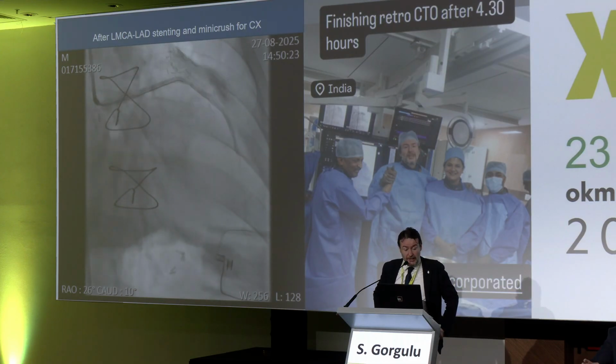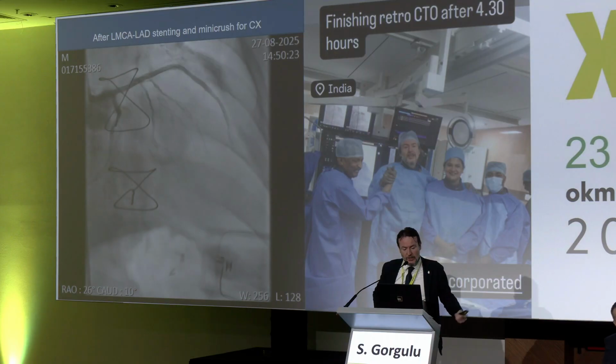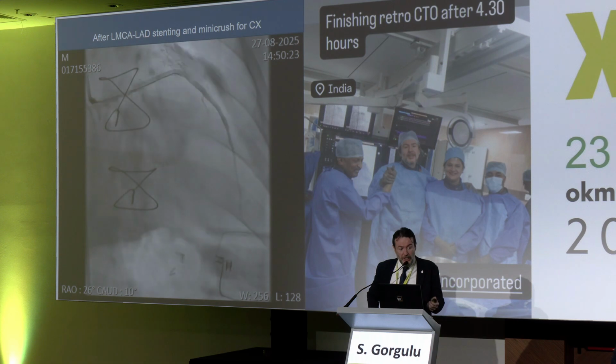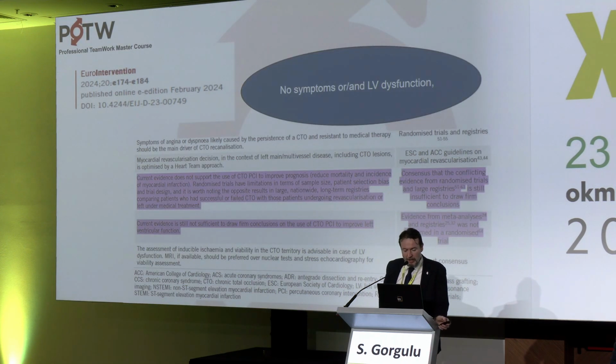So, and the CX was managed again. We had a mini crush or something there. So the indications are very, very important here. If we have patients with symptoms, it's okay.